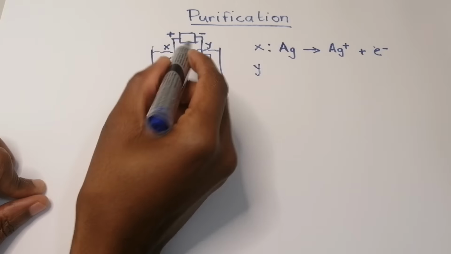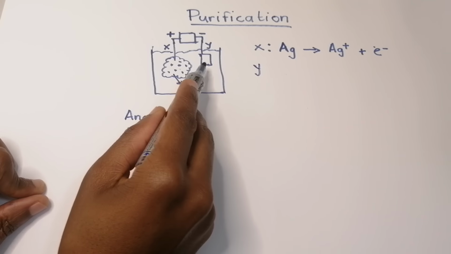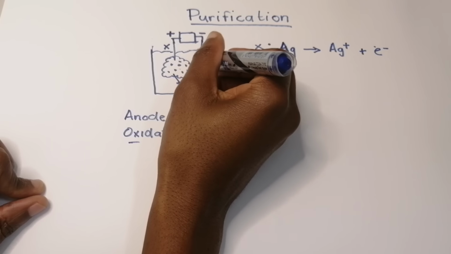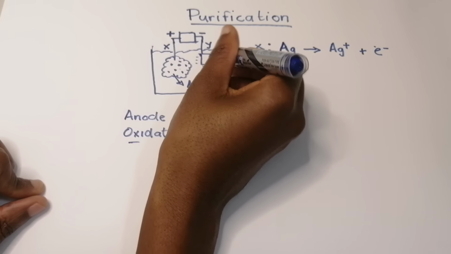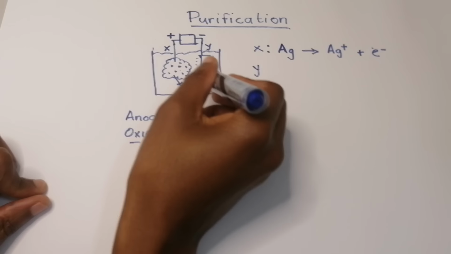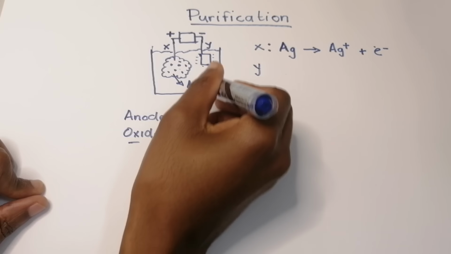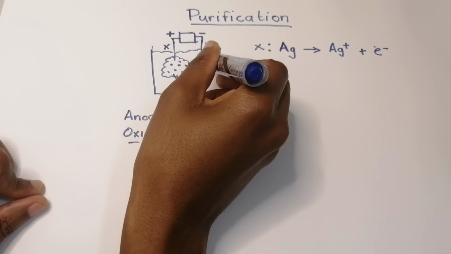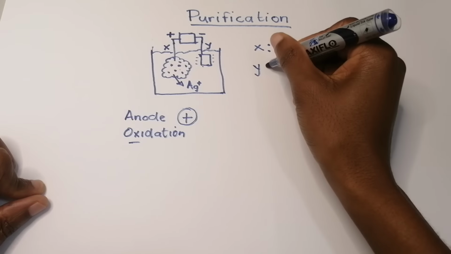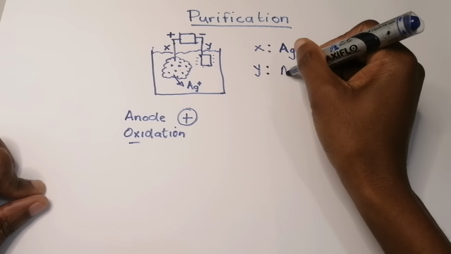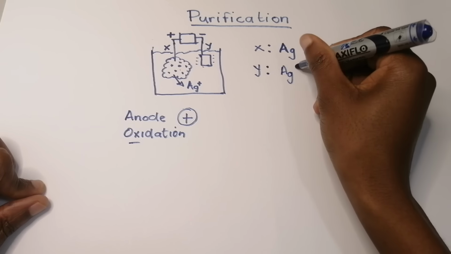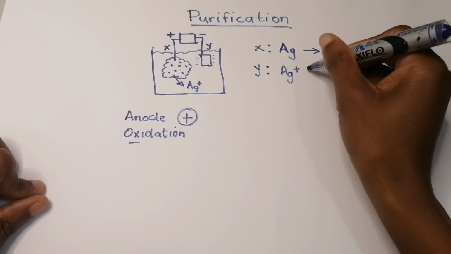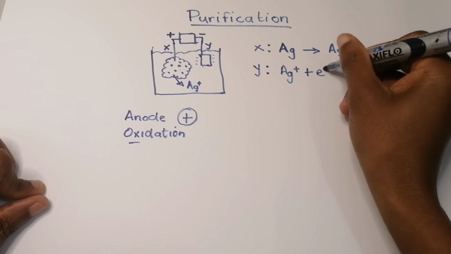So what's happening at electrode Y? Remember, electrode Y is connected to the negative side of the cell, so it simply becomes negatively charged. Now all those positive ions get attracted to that side of the cell. Ag plus ions begin to gain electrons.